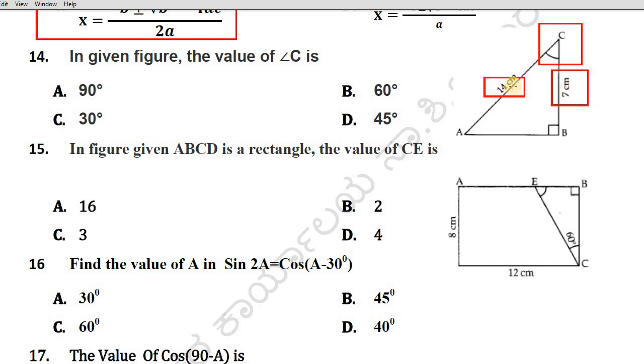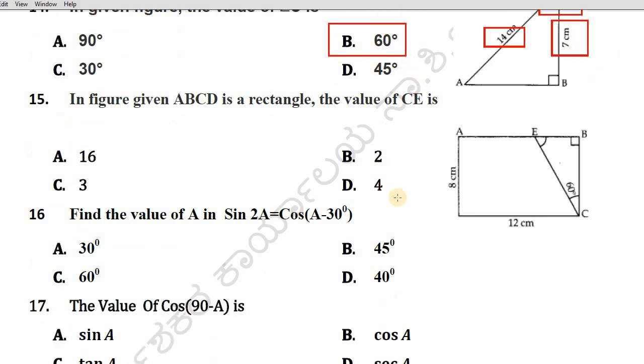And 14 will be the hypotenuse, isn't it? So base by hypotenuse. The base is 7, the hypotenuse is 14. So 7 by 14 means 1 by 2. Base by hypotenuse is related to cos. For what value of cos do we get 1 by 2? That is 60 degrees. Hence for this question the right answer is option B, 60 degrees.